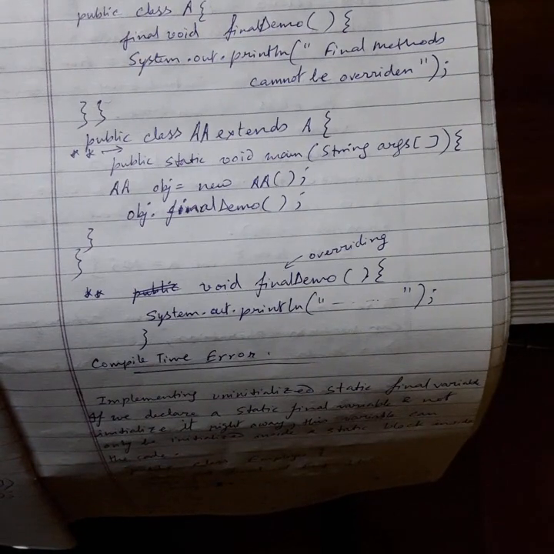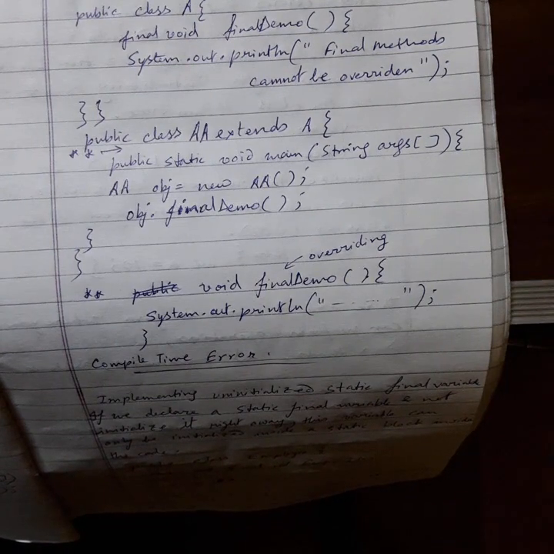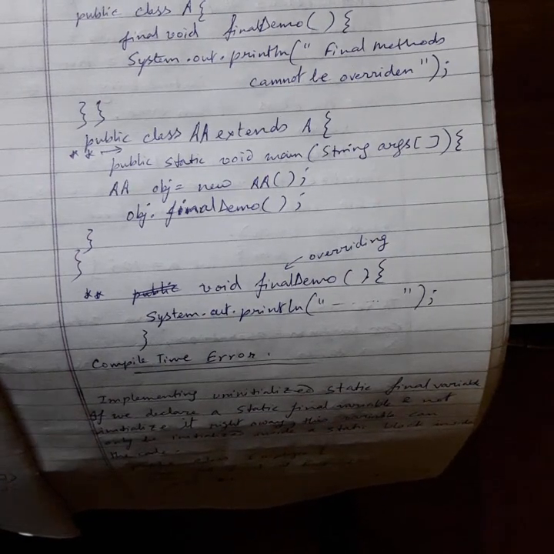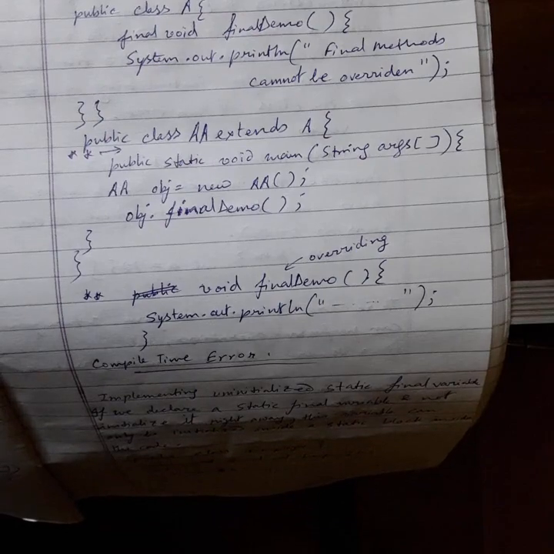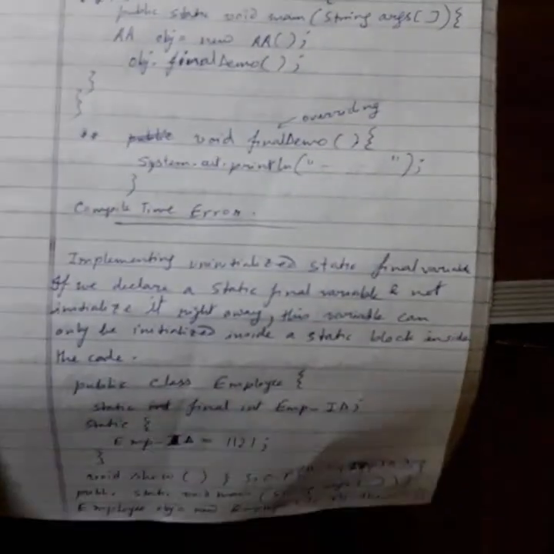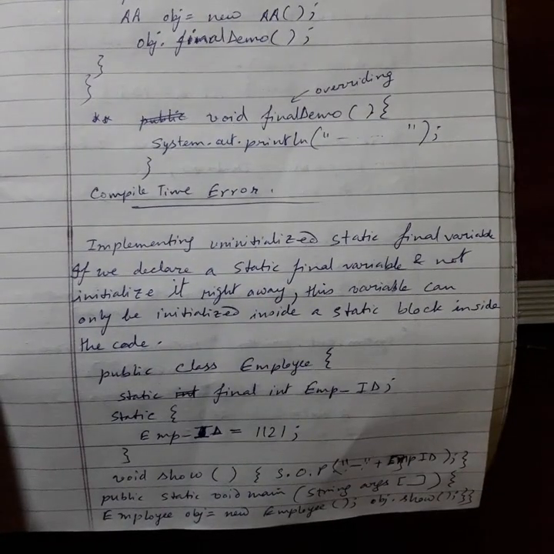And a final method that we're trying to invoke without overriding it. Okay, so this was all pertaining to final. Now we will be coming to abstract classes in the next video.